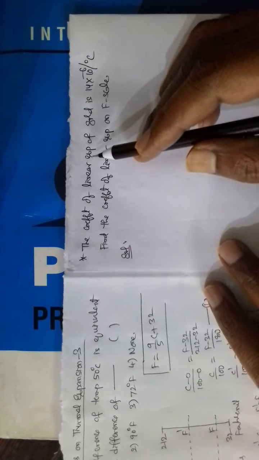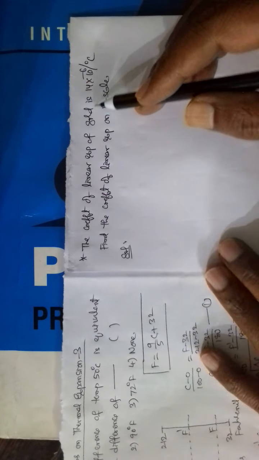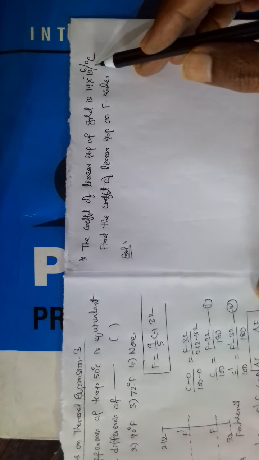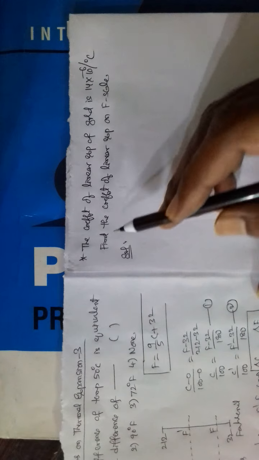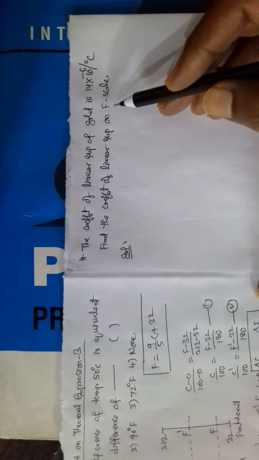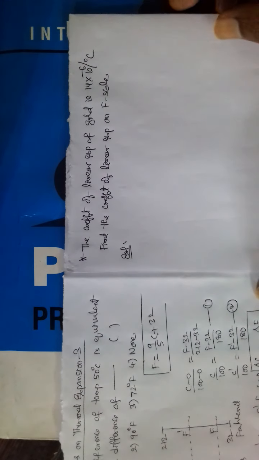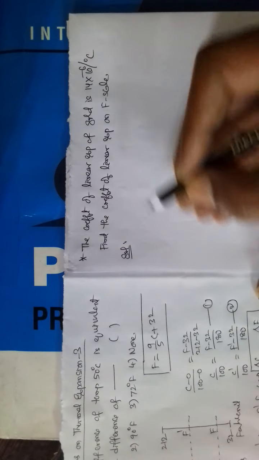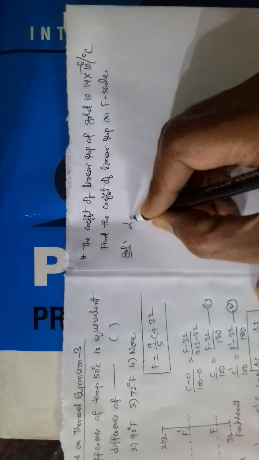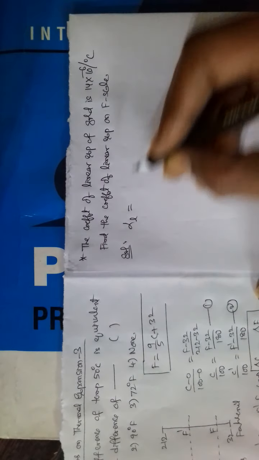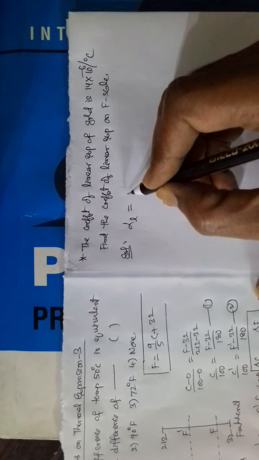The coefficient of linear expansion of gold is 14 into 10 power minus 6 by degree centigrade. Find the coefficient of linear expansion on Fahrenheit scale. So now coefficient of linear expansion means alpha L is equal to, what is the formula?